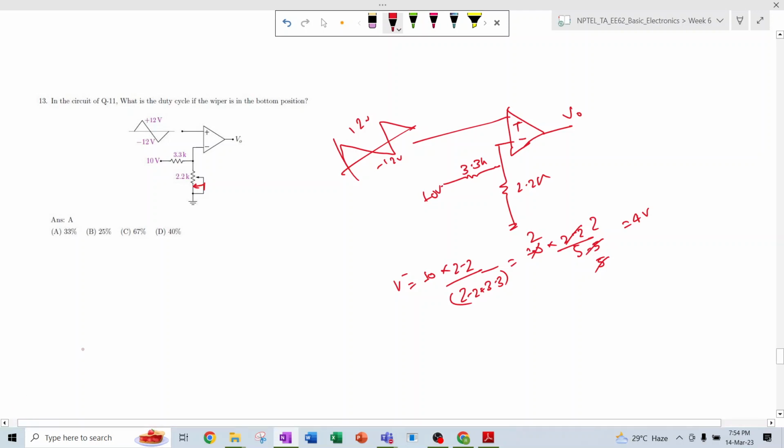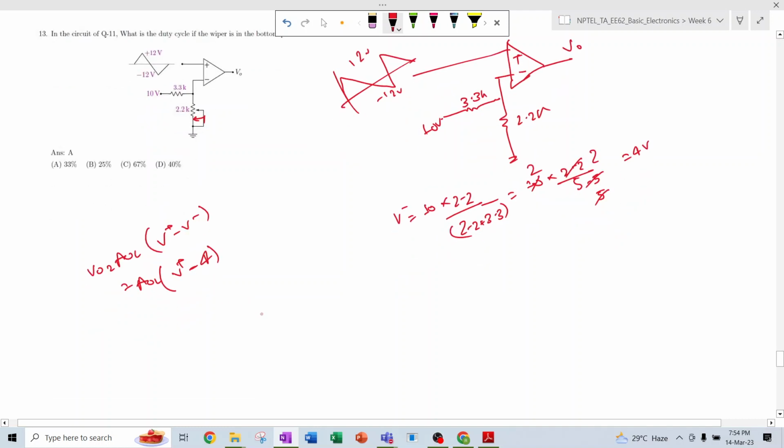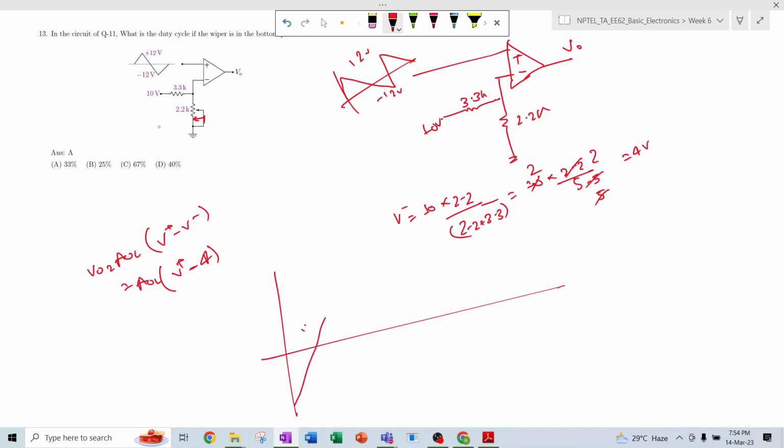So now this VO will be AOL times V plus minus V minus, that is V plus minus 4. So now it will be 8 volt. So 8, and it is minus 4, this means minus 16 to 8 volt.